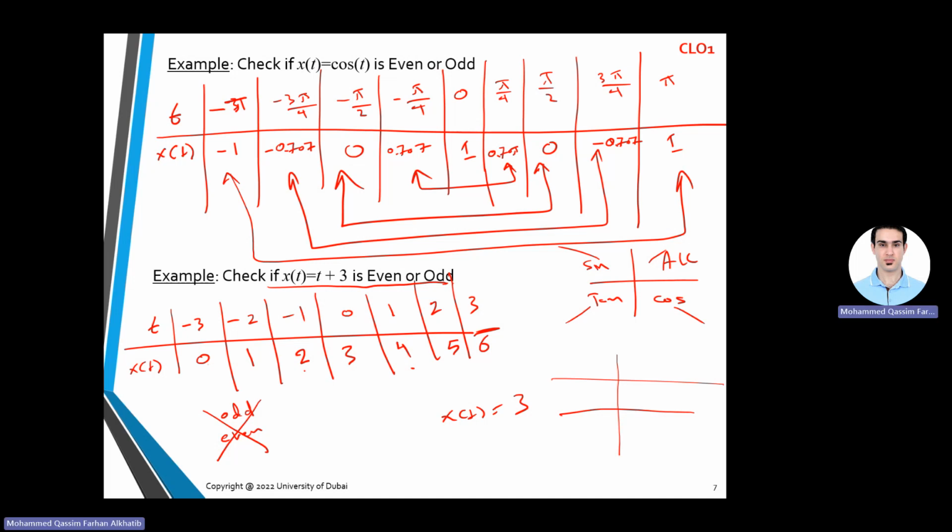Horizontal, just substitute. At 0 is 3, at 1 is 3, at 4 is 3, at 10, at infinity is 3. So that's x of t. And that's my time axis. All right, so I plot this function. Is it even or odd?